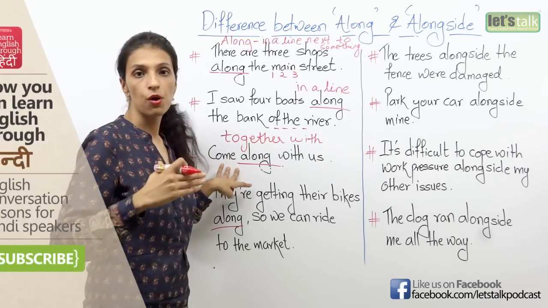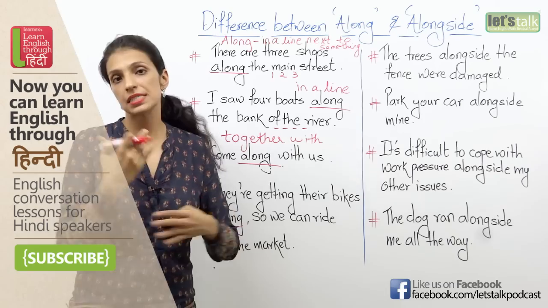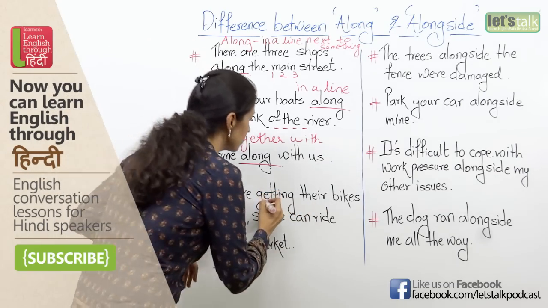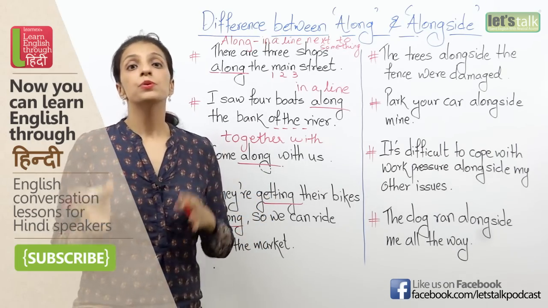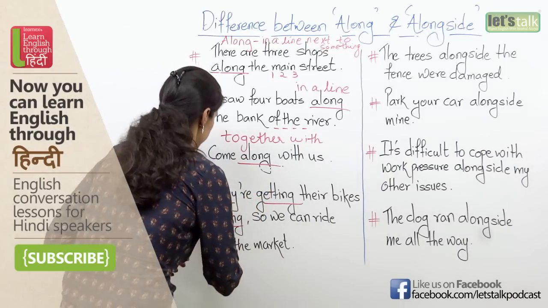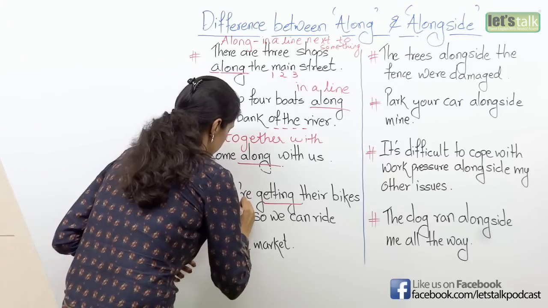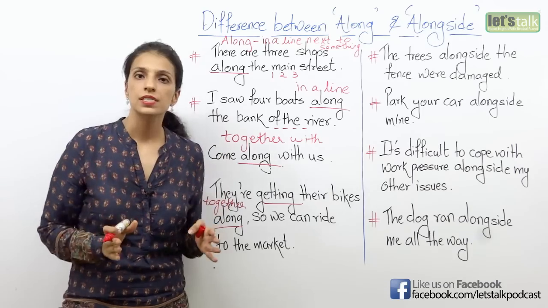Like here when I say come along, I'm asking you to join me, right? Be it walking or by bus, but basically they're verbs of motion. Likewise, even here, they're getting their bikes. It's a verb of motion, they're riding and coming, okay? So that time you can use along to say together with.